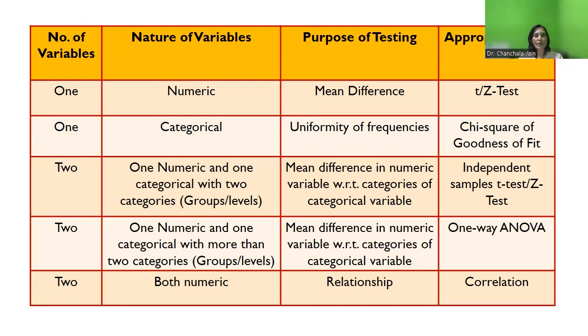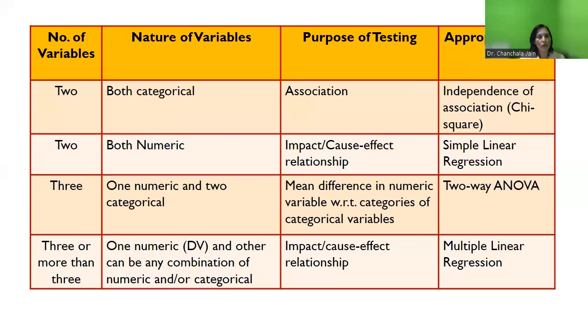And suppose we have two variables and both are numeric in nature, and we want to find the relationship between them. In that case, the appropriate test is correlation, or the coefficient of correlation. If we have two variables that are both categorical and we want to find the association between them, we can test the independence of attributes, that is, the chi-square test.